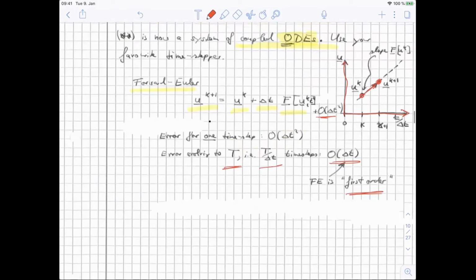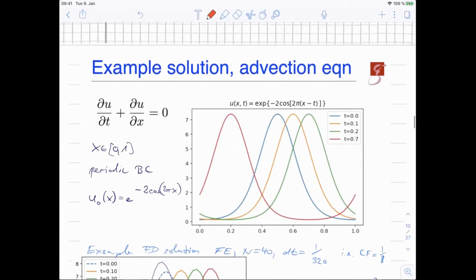So one example of this: as I said, we're still solving the advection equation. Nothing has changed. I'm picking as the initial condition this interestingly looking function, e to the minus 2 cosine 2 pi x. I wanted something periodic because periodic boundary conditions are much easier to implement than anything else. But I wanted something that's not just a cosine, because it would have been too easy for the spectral methods that come later.